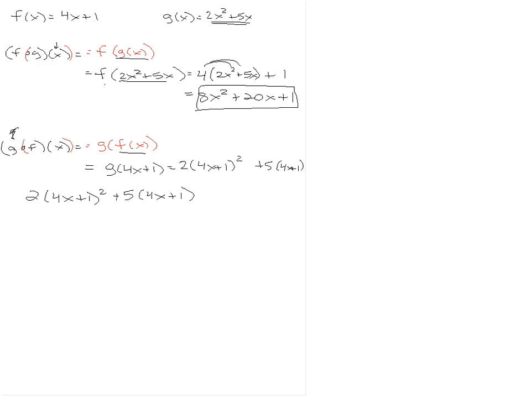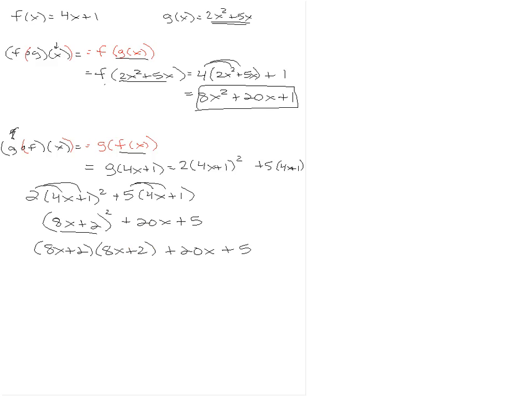All right. We can distribute and get 8x plus 2, but that's still squared, plus 20x plus 5. This needs to be 8x plus 2 times 8x plus 2 plus 20x plus 5. Okay?